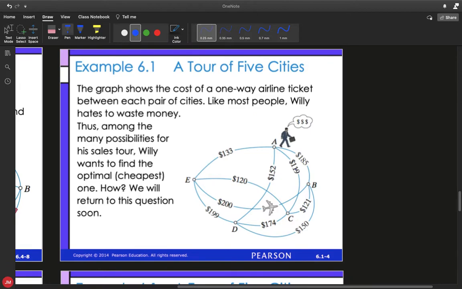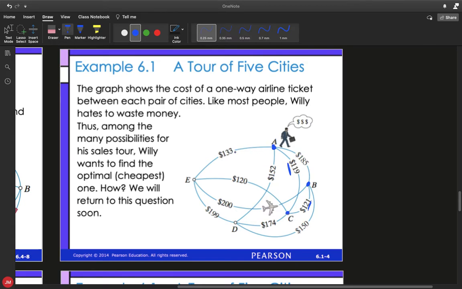Starting at B, looking for our nearest neighbor, the cheapest possible route, we've got 150, 121, 200, 285. 121 is obviously cheapest, so that takes care of B and C. Next, from C, we're looking for our cheapest. So A is 119, E is 120, D is 174. Pretty clearly, A is going to be cheapest, so we're going to choose that next.